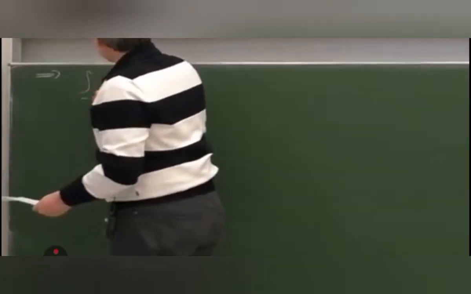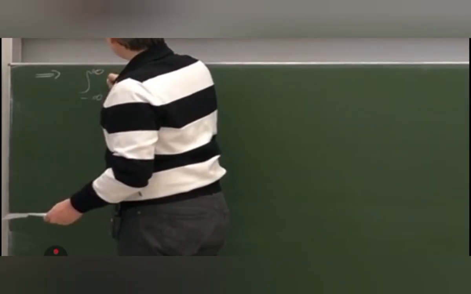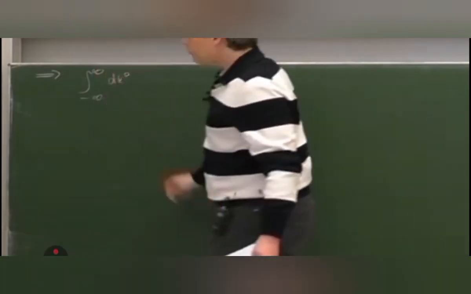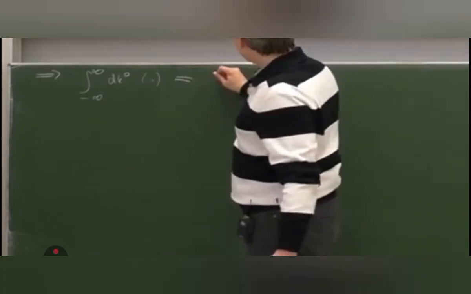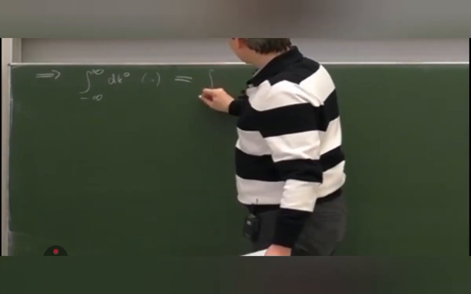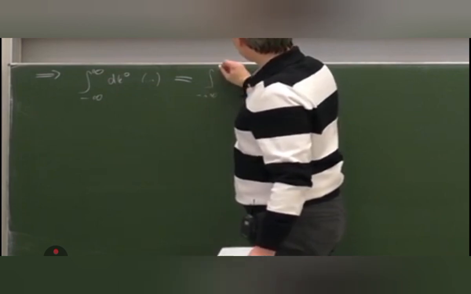So therefore, we obtain the integral from minus infinity to plus infinity of dk0 of our integrand is the same as the integral over the negative imaginary axis. So it's from minus i infinity to plus i infinity of dk0 with the same integrand. And now we can go on and do an integral variable substitution.